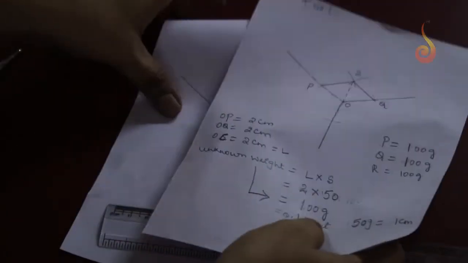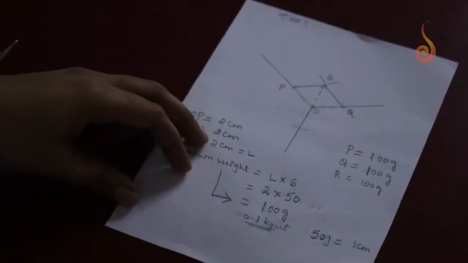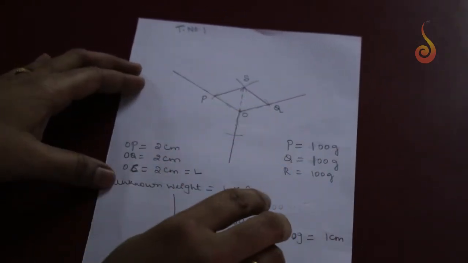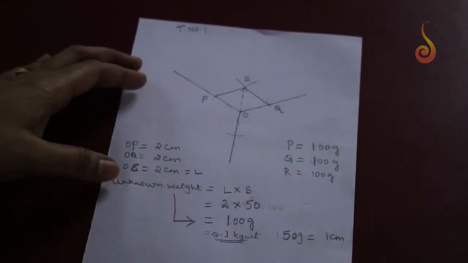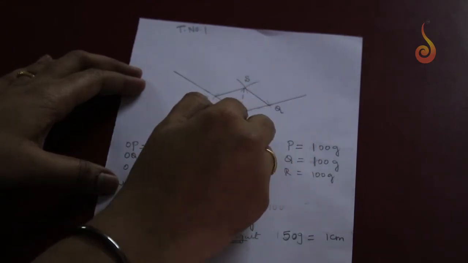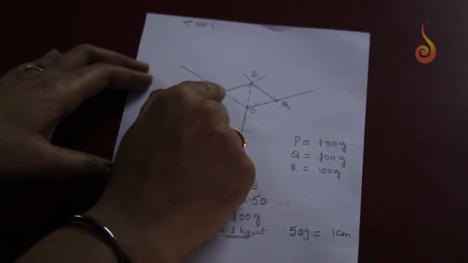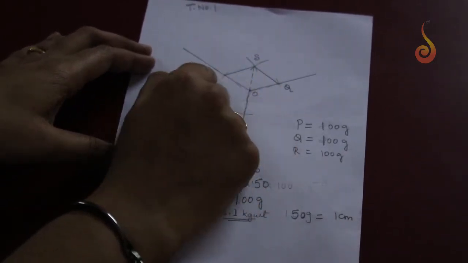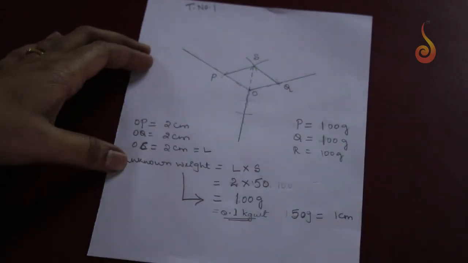So if we plot that, we get a parallelogram like this. Here OP and OQ are the known weights. So it is equal to 100 grams. That's why I have considered 2 centimeter OP, and OQ is also 2 centimeter.